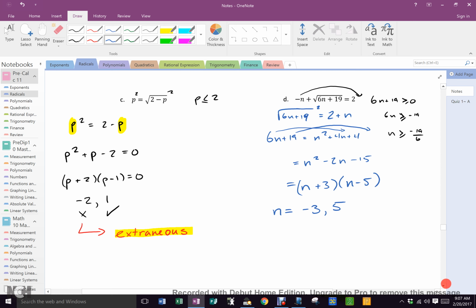Check. Yeah. Which one doesn't work? The negative 3. Negative 3 does not work.